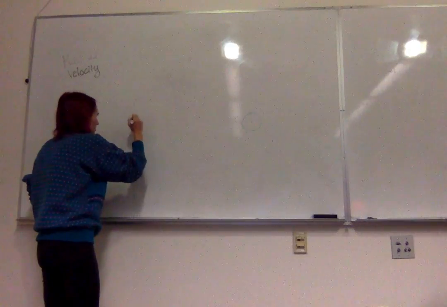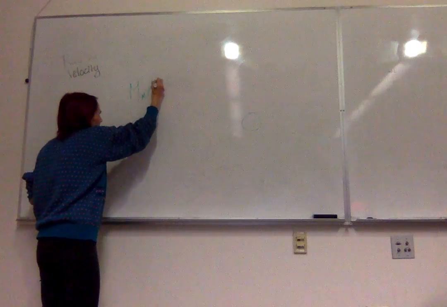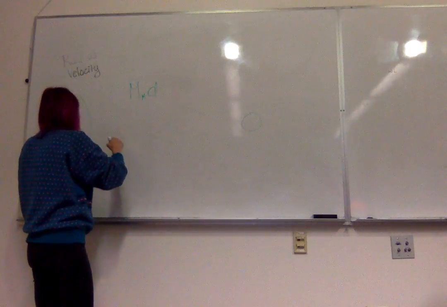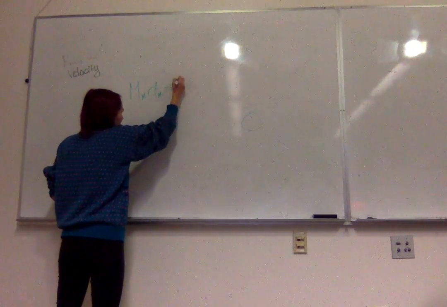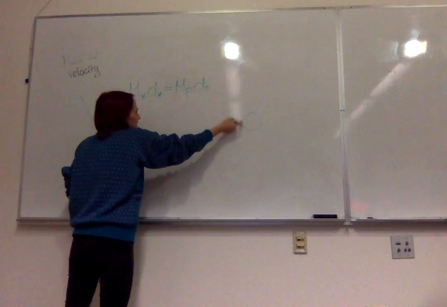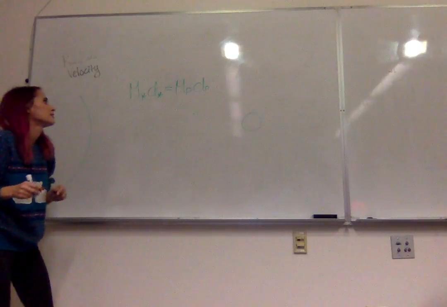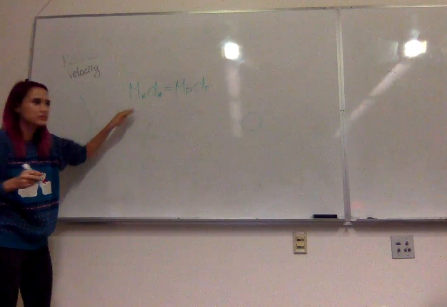So the mass of the star times the distance from the center of the star to the center of mass is going to be equal to the mass of the planet times the distance from the center of the planet to the center of mass. The mass of the star is really big, right?